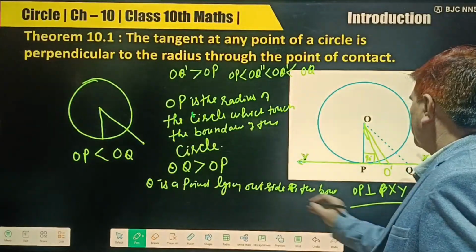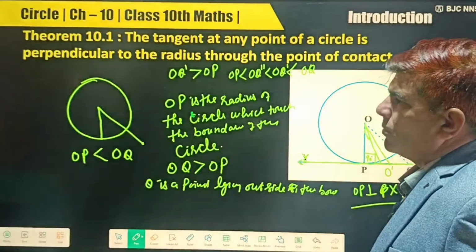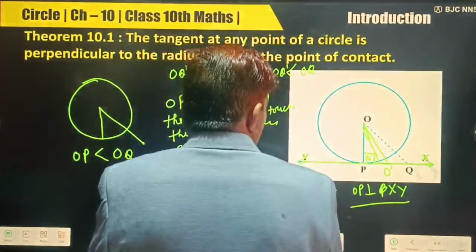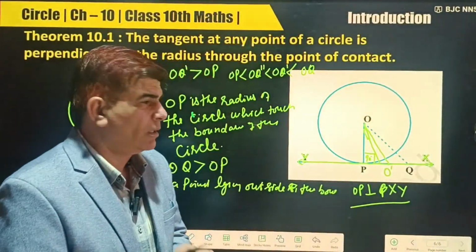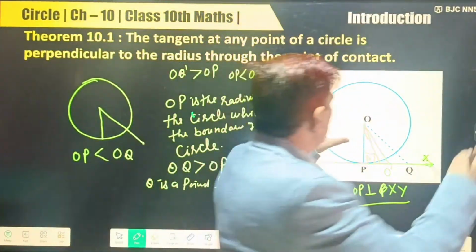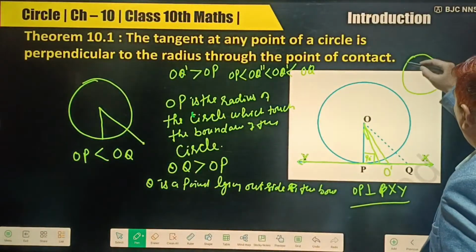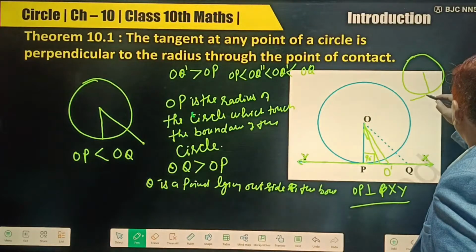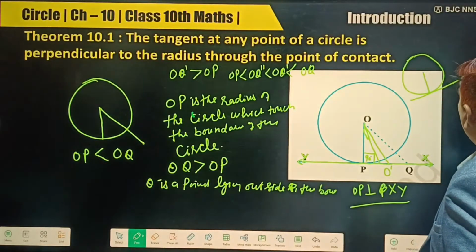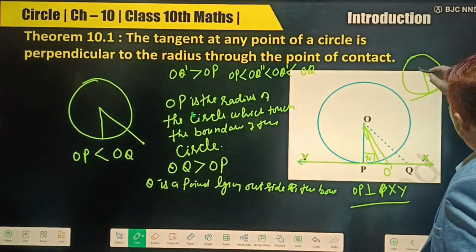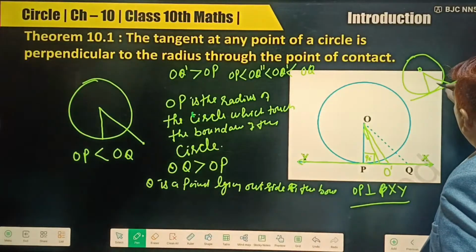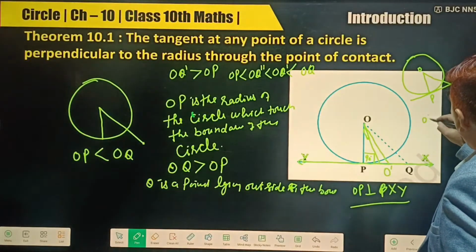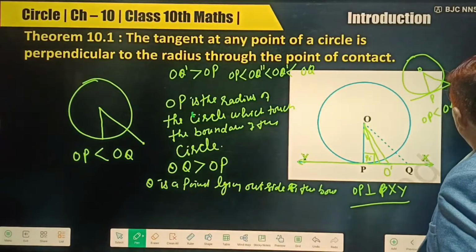So this is the theorem, not so much given. If it comes in the exam, which is not likely, you can take a circle and its boundary, and join so that the line touches the circle at this point. OP is definitely less than OQ.